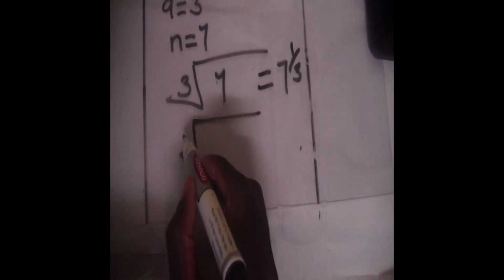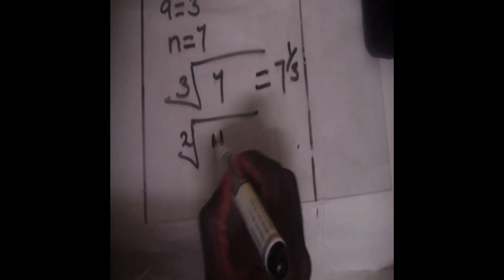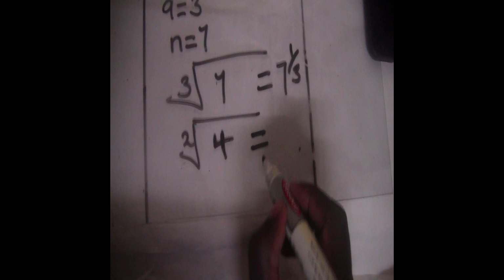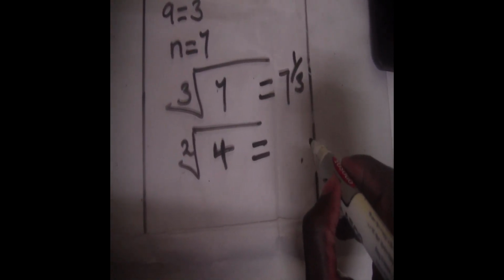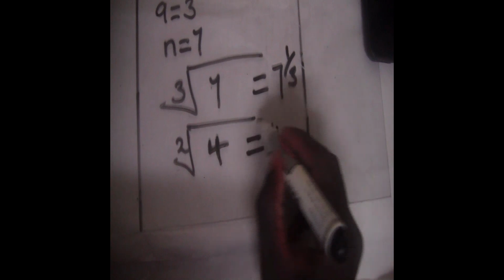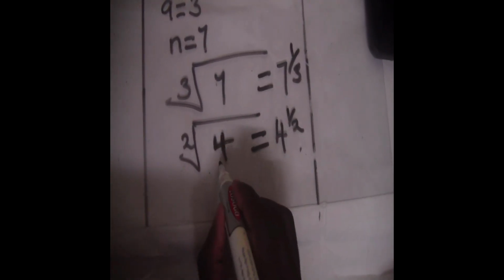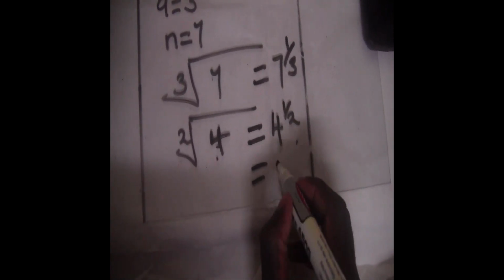Again, you can replace that. We have 2 and then we have 4. For 2 and 4, it will be 4 raised to power a half. But for our case, because you know the square root of 4 is 2, this answer will be 2.